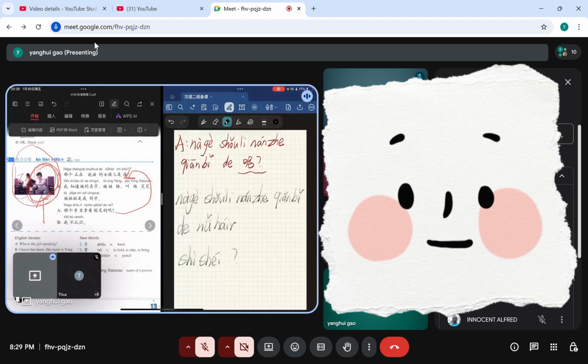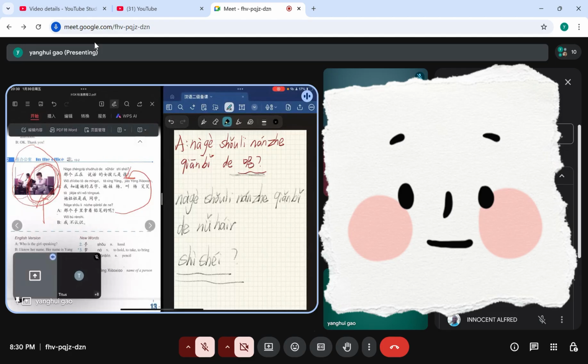So if we make the sentence more complete, we can say 那个手里拿着铅笔的女孩是谁? Because the question is the same as before, we want to ask who is she, or who is that girl, right? So we use 呢 to shorten the question.